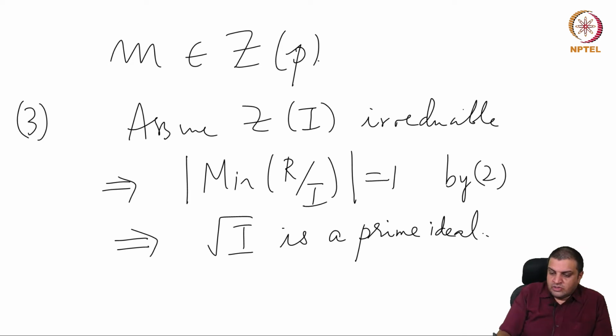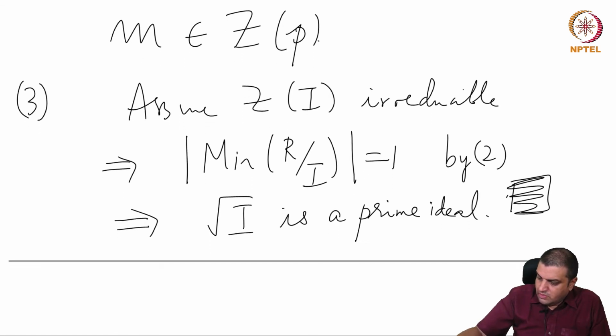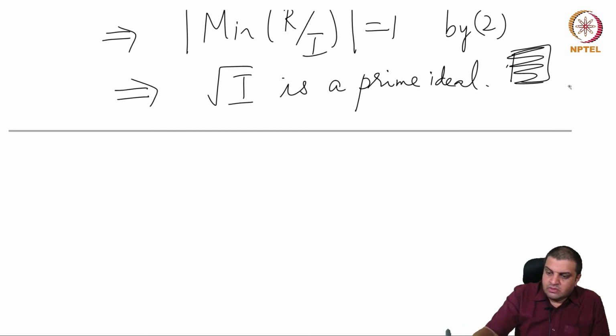Because the radical of I is the intersection of the primes in this collection, but there is only one, so it is prime. So that's the end of this proof.